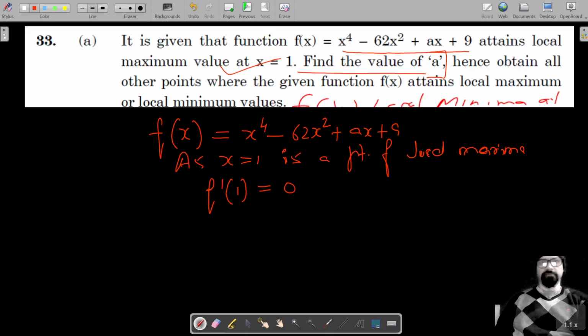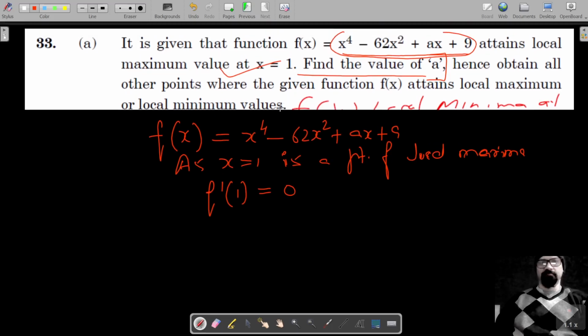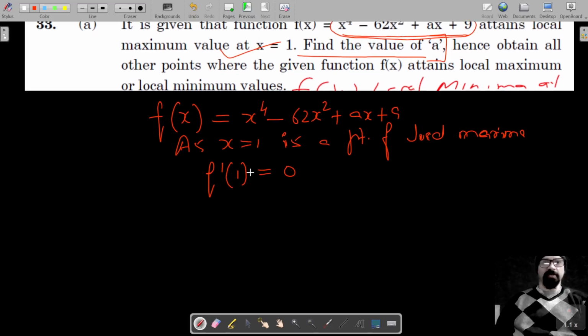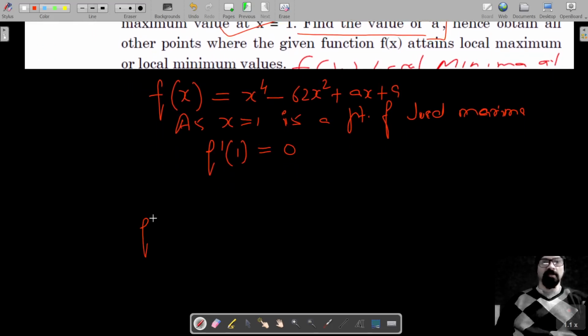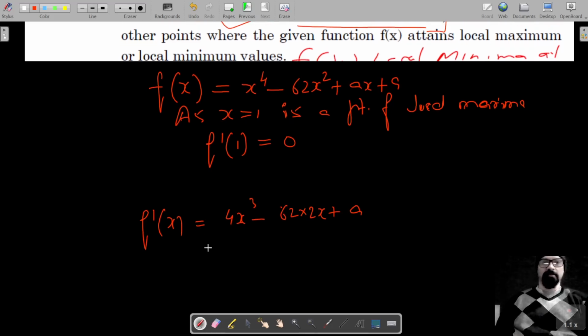Now let's find out f dash 1. This is our function, and we have to find its first order derivative first. So f dash x is equal to 4x cubed minus 62 into 2x plus a, which is 4x cubed minus 124x plus a.